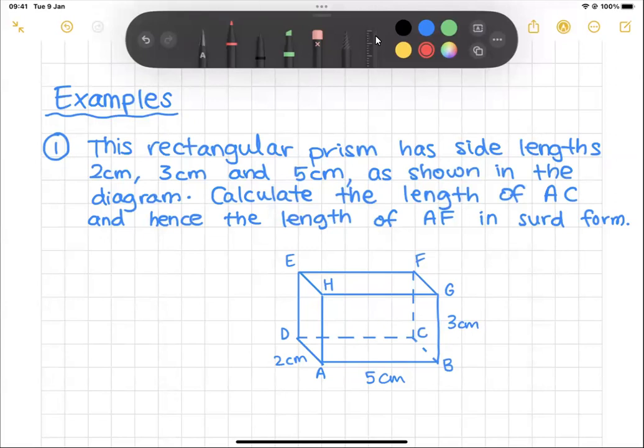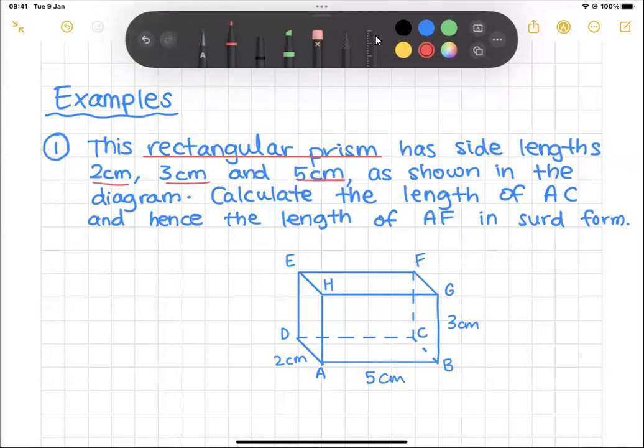So I'm going to highlight or underline really important points, which is a rectangular prism, as well as its side lengths of 2, 3, and 5 centimeters. Like I said, there'll be types of questions where they won't give you a diagram, so highlighting these important points will help you to identify what type of object it is, what the side lengths are, and so on.